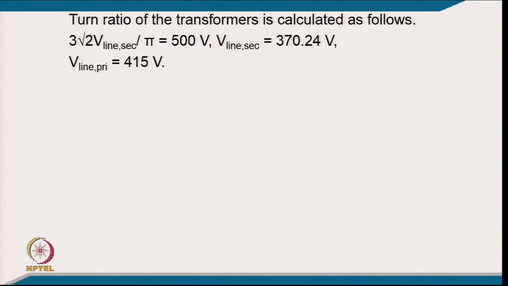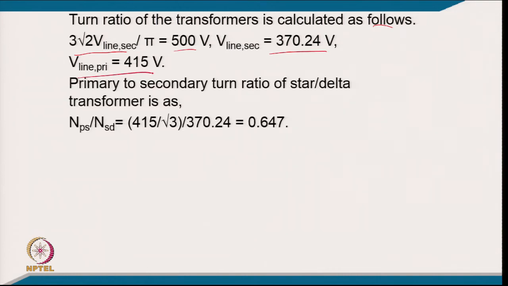So, the turns ratio of the transformer used in the load we can calculate from this. The rectified voltage is 500, so we find the input line voltage is 370.24 and the primary is 475. So, we can have the primary to secondary turns ratio of the star delta transformer.